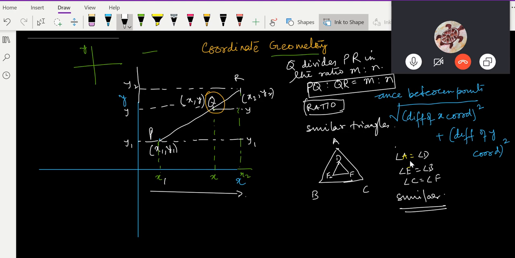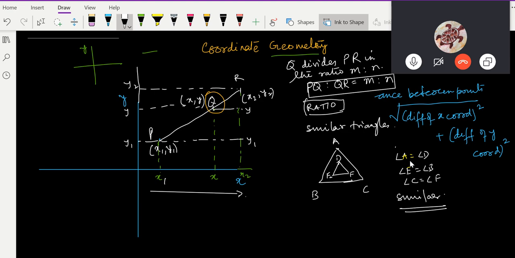The difference between congruent triangles and similar triangles is that when I say congruent, that means the triangles are exactly the same. It is a 1:1 mapping, meaning the angles would be the same, and the sides will also be the same.